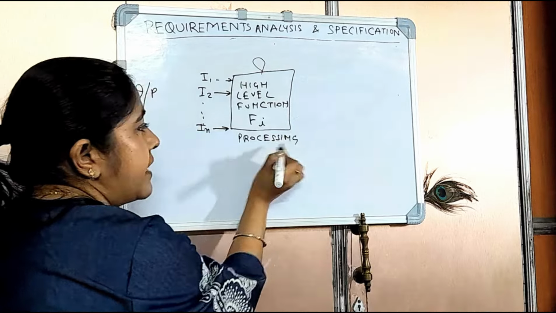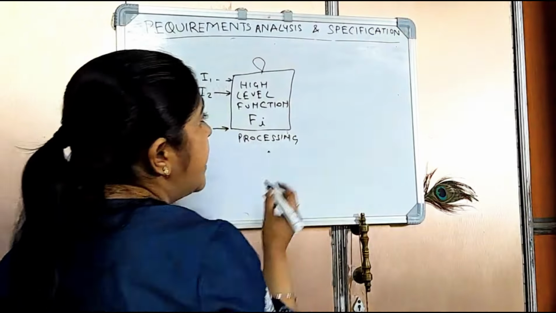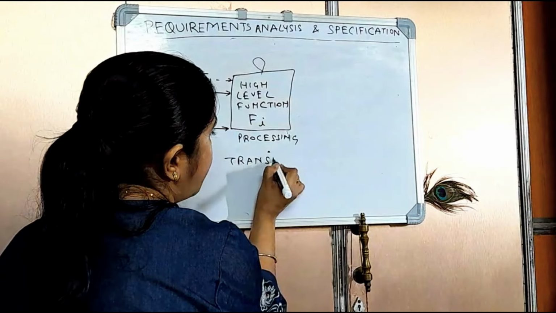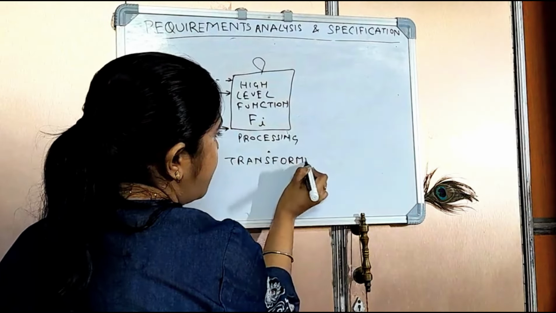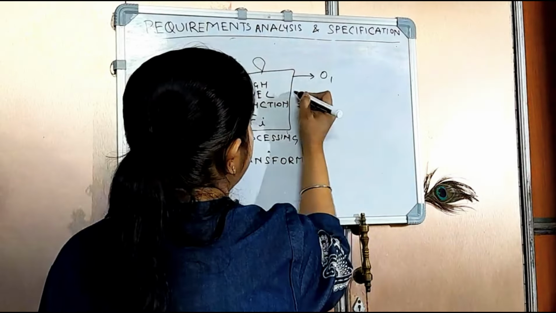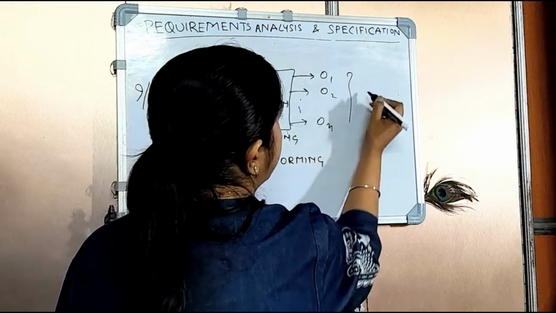Some processing is done here in this particular high level function. It is transforming these inputs to their respective outputs. Suppose this is O1, O2, ... and On. That is your outputs.